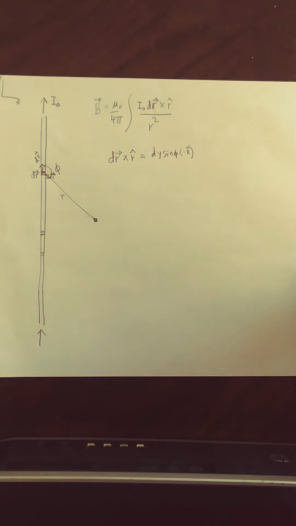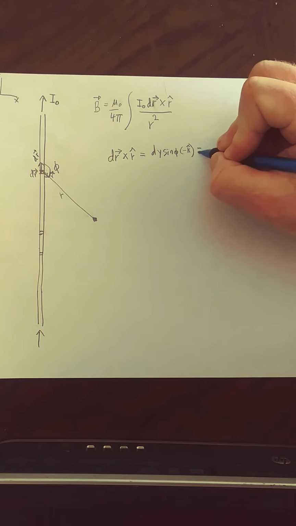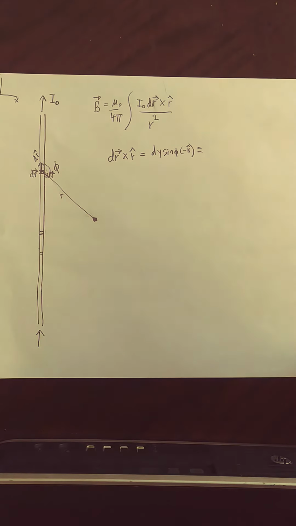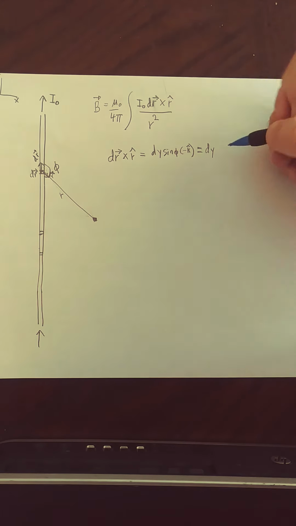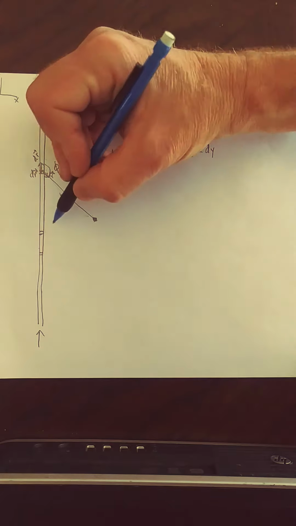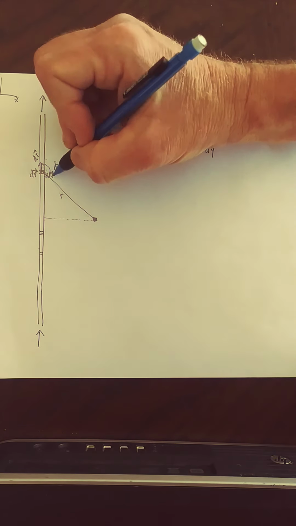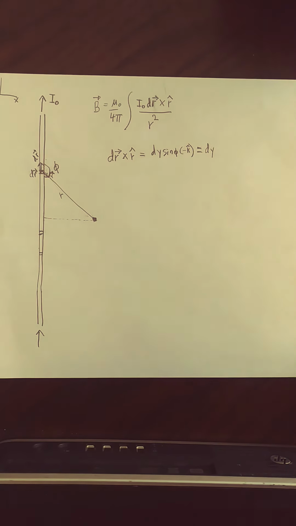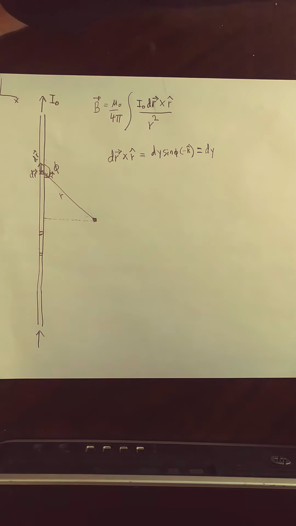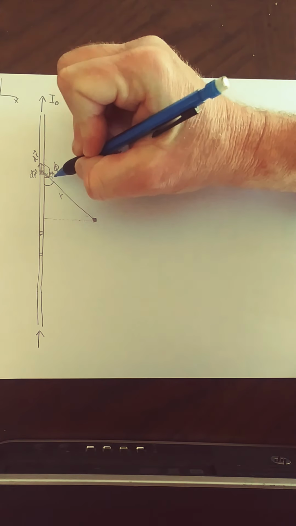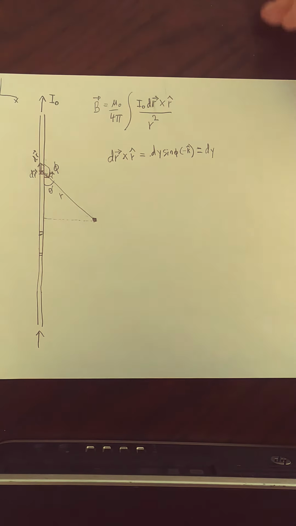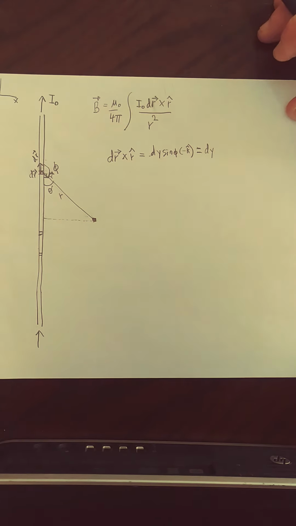So we've written part of this in terms of y, and let's continue. We have dy, but the angle phi is related to the angle theta that we can figure out in terms of x and y.